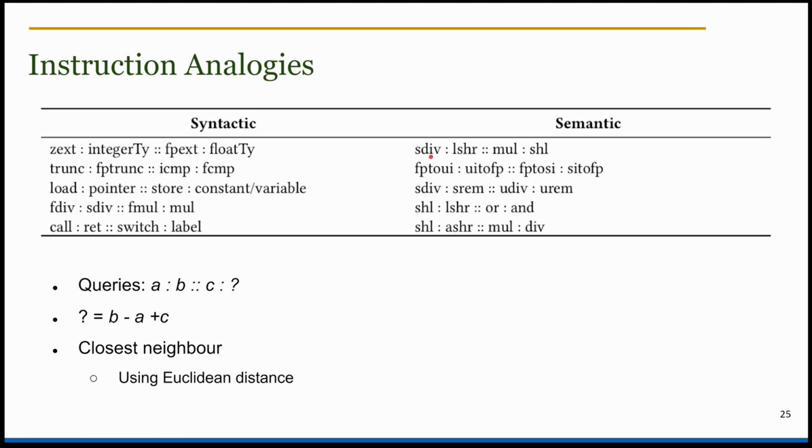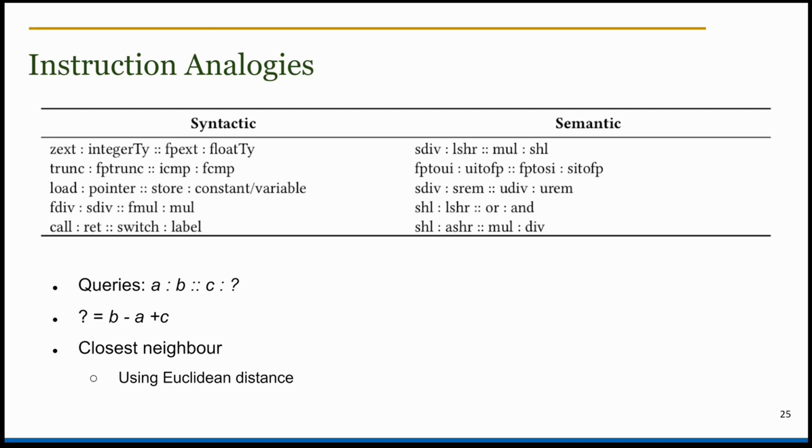That means if signed division is equivalent to a right shift operation, then multiplication is to what was the question that we posed. And from the learned representation, we're able to successfully retrieve left shift operation as a result. So this shows that the representations that were learned capture a lot of details, and are able to capture intrinsic information pertaining to the operations themselves.